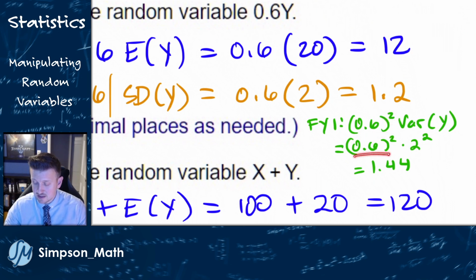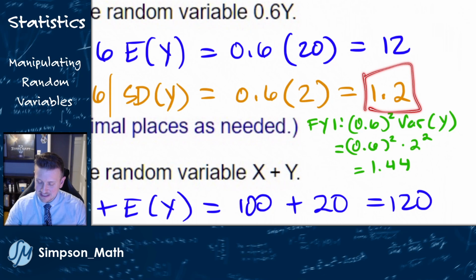And so it would be 0.6 squared times the variance, which is now this standard deviation squared, which is 2 squared, which is 1.44. Notice this is 0.6 times 2, both of those squared.